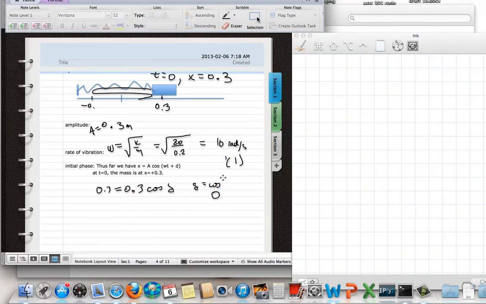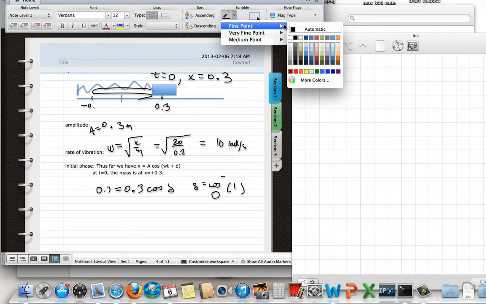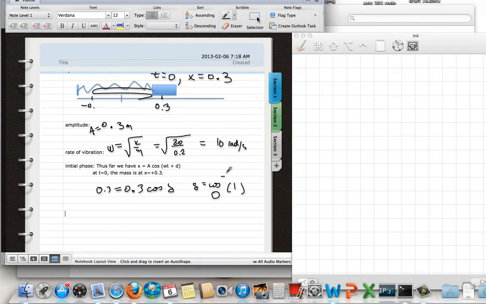Come on. So we've solved this now. Somehow the 1 disappeared. We'll put it back here. Oh, that is so irritating. All right, we'll just draw it again.